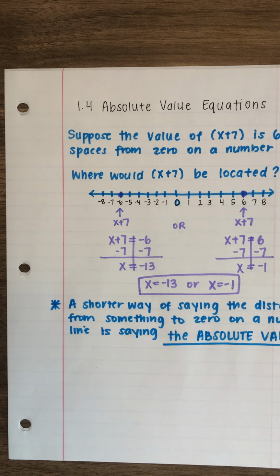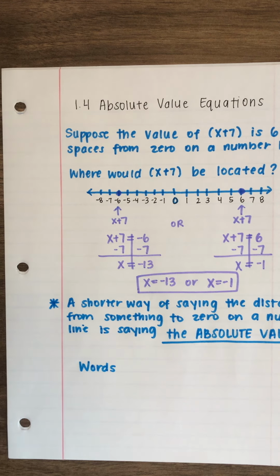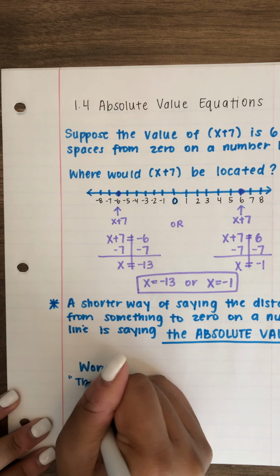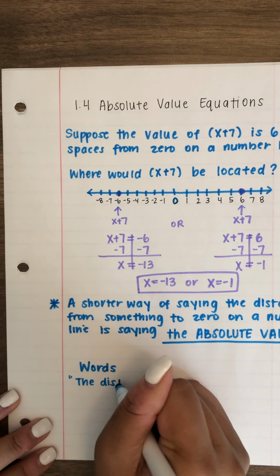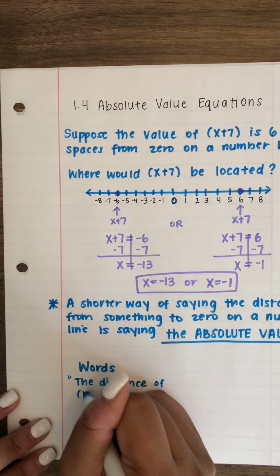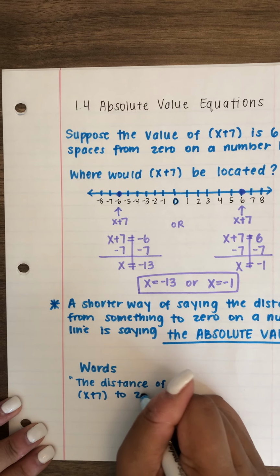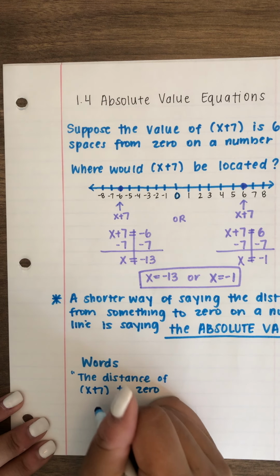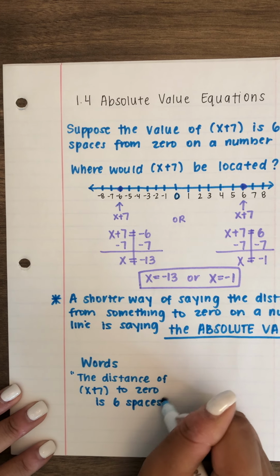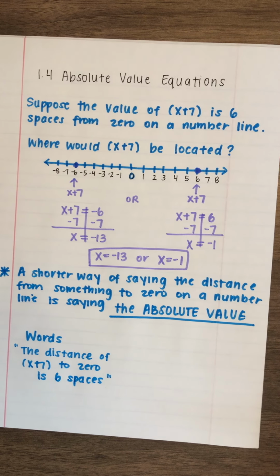So in words, which is what we've been working with so far in these notes, the distance of x plus 7 to 0 on a number line is 6 spaces. In math, we're always working with symbols.